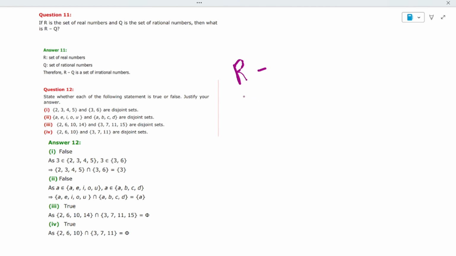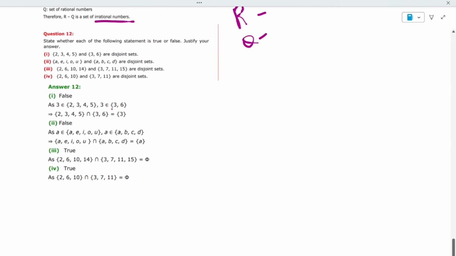And Q is rational numbers. So if you do R minus Q, R is nothing but the set of all the numbers: whole, natural, rational, irrational, integers, all are included. If you do minus Q, you will subtract all the rational numbers from it. So the answer will be irrational. I hope you got this question.